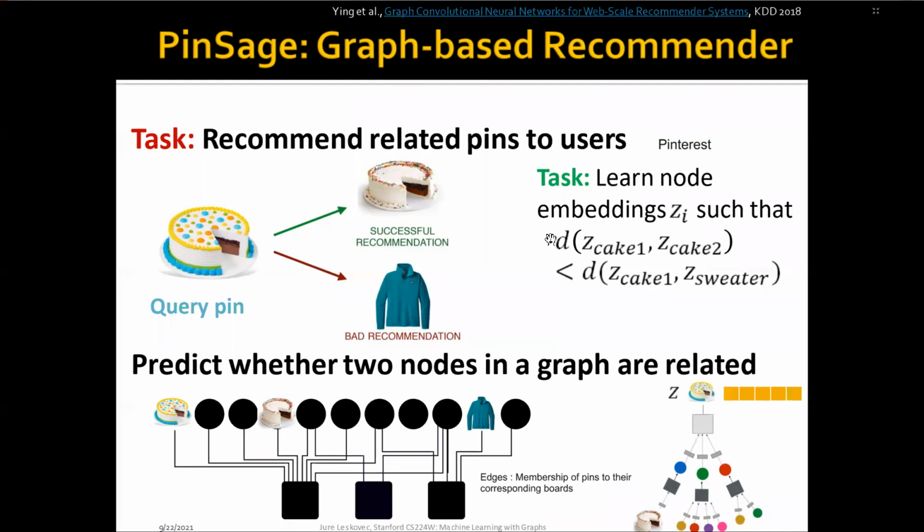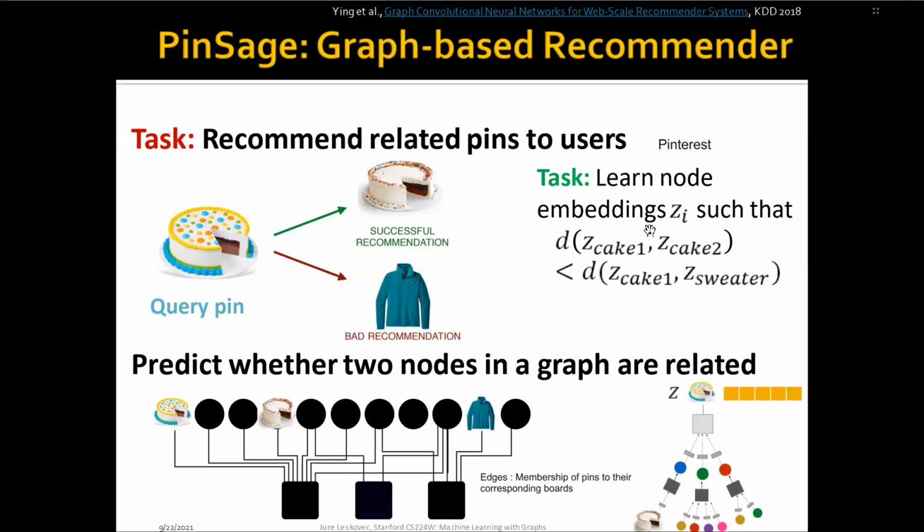In this system, they are trying to recommend pins to the users. You can think of the pins here as images, so it's kind of visual. Pinterest uses visual elements that you can pin to your board, and the board you can think of as a collection of similar pins. The graph they built has about 10 billion nodes and more than 20 billion edges. So it's really a large graph.